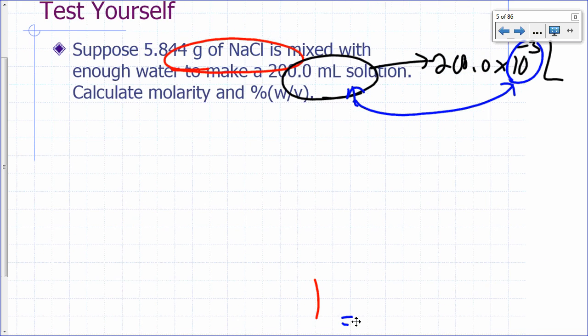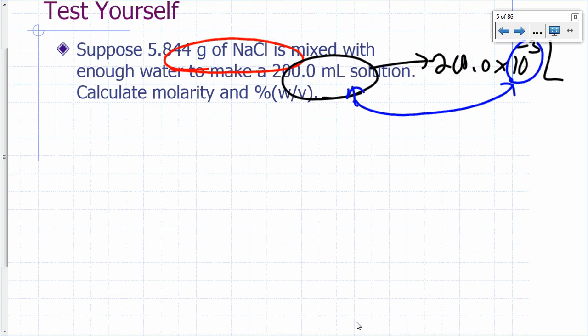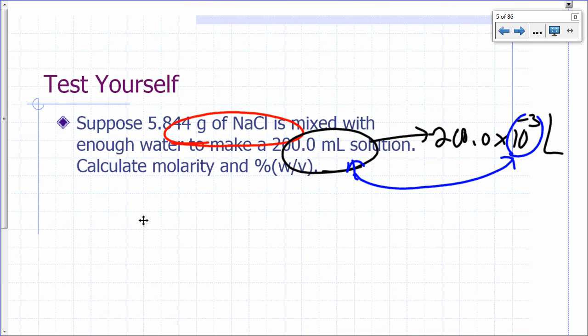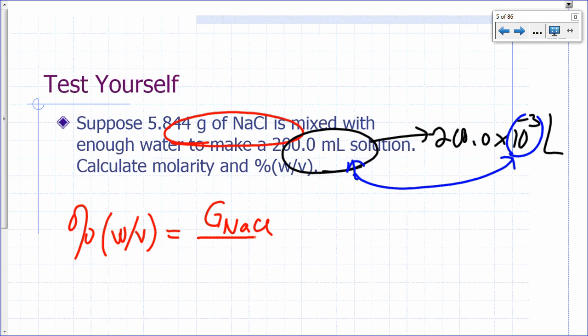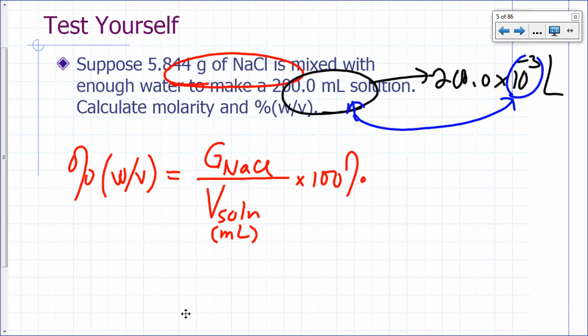Percent weight by volume is grams of your solid, grams NaCl, over volume in mL of solution, times 100%. So the mass of the solid as a percentage of the volume in milliliters.